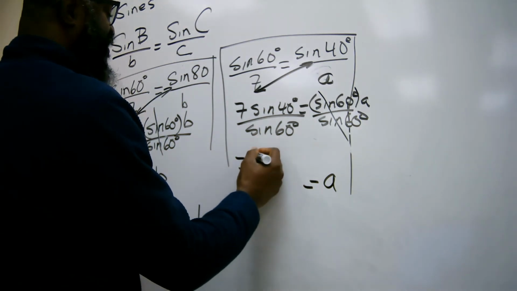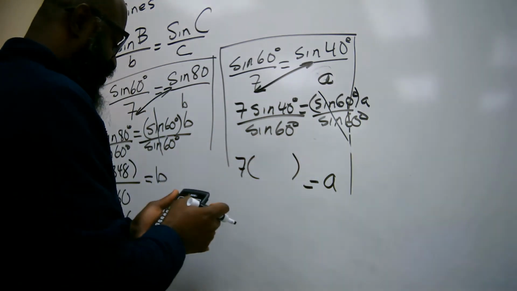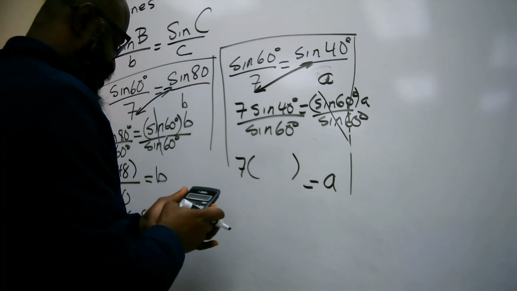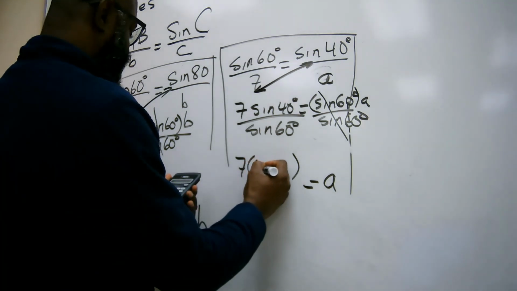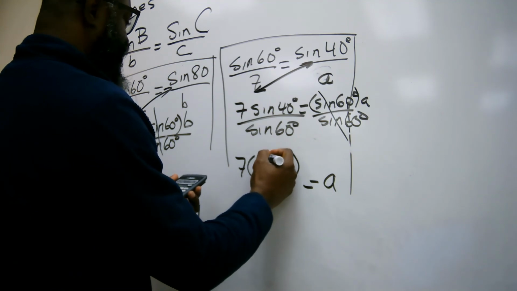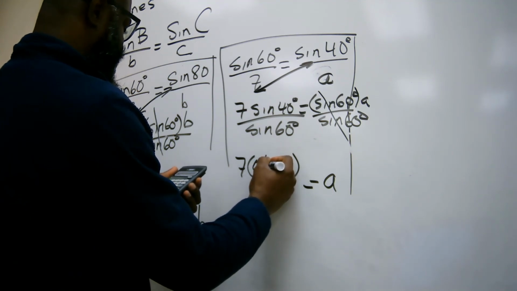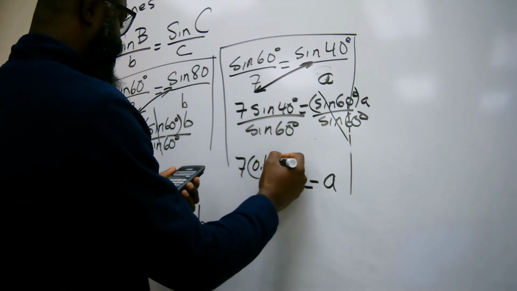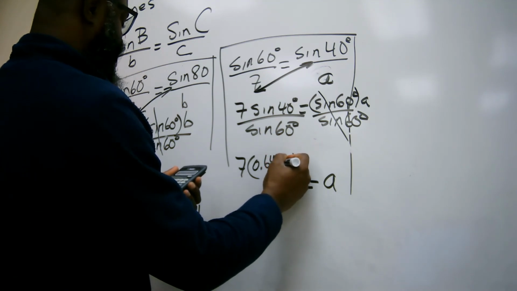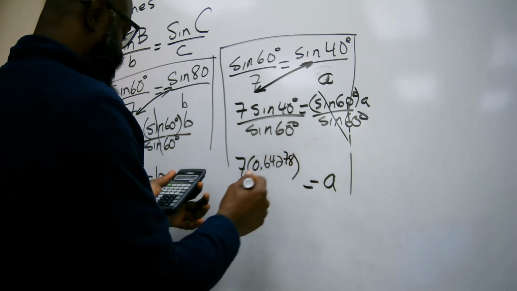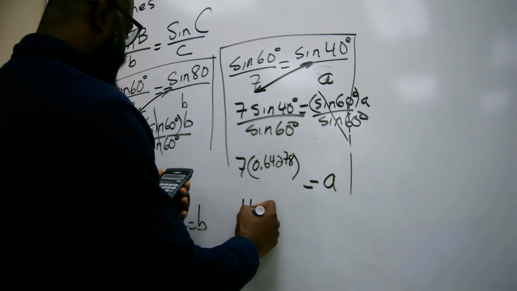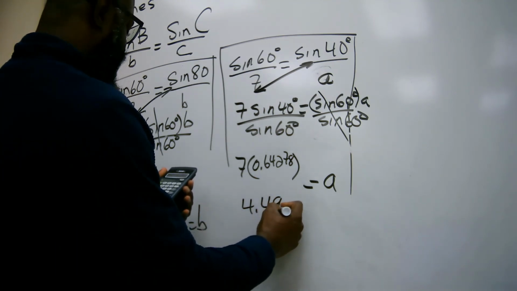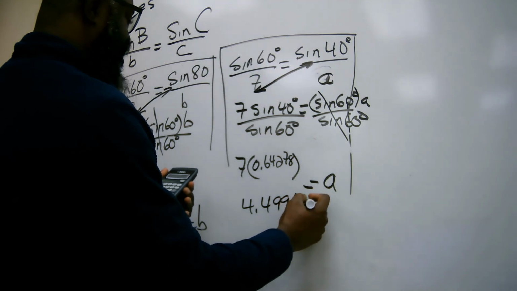a equals 7 times sine of 40. Find what sine of 40 is: 40 degrees, and you press sine. It's 0.64278. Multiply this by 7, and you will end up with 4.499513.